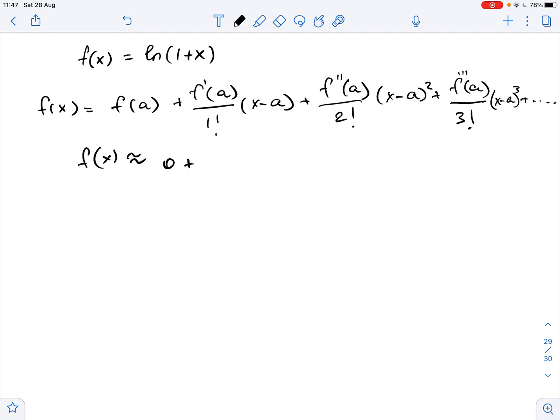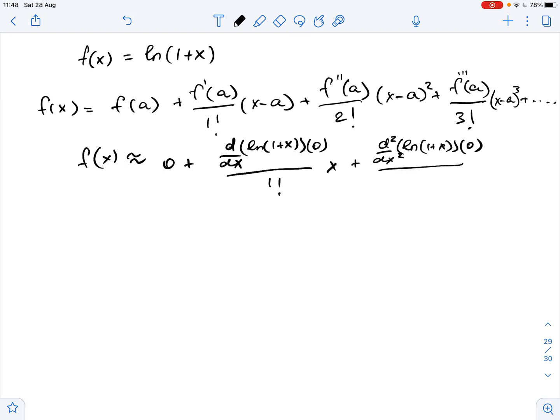We get that f of x equals 0 plus the derivative of ln of 1 plus x with respect to x of 0 over 1 factorial times x plus the second order derivative of ln of 1 plus x of 0 with respect to x over 2 factorial times x squared, and so on.